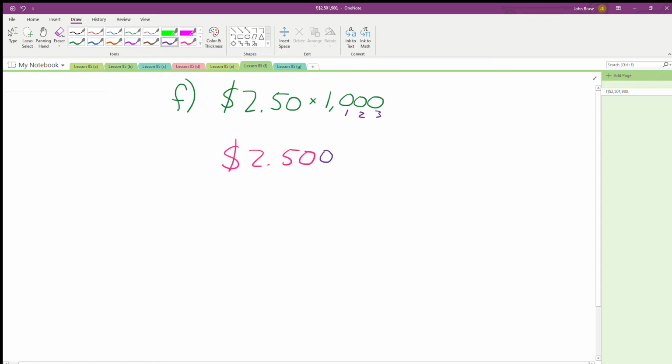So I'm going to move my decimal point 1, 2, 3 spots. So my answer is 2,500. And if I want to add cents, I put my decimal in 2 more spots behind the decimal. This is our 10 cents, and here's our 1 cent mark. All right, so that's how we do that one.